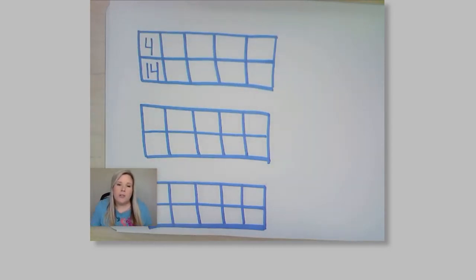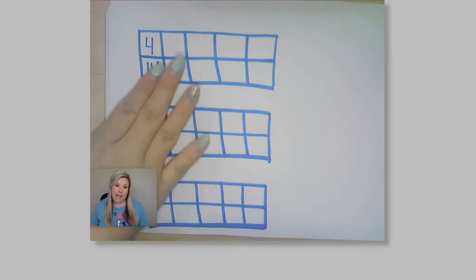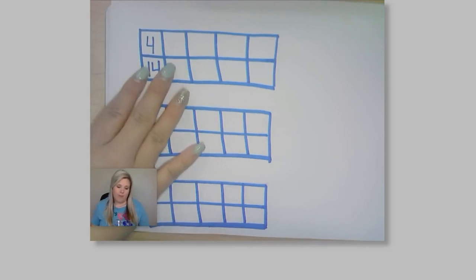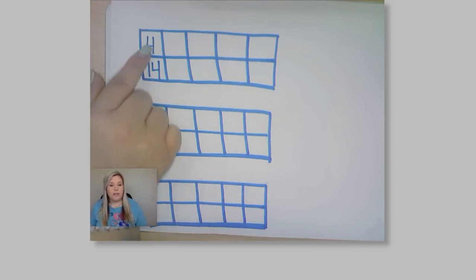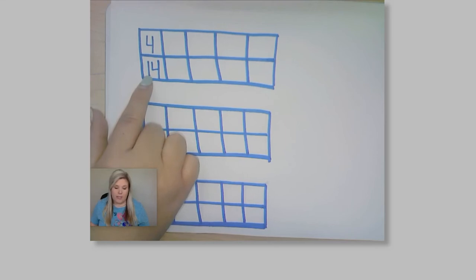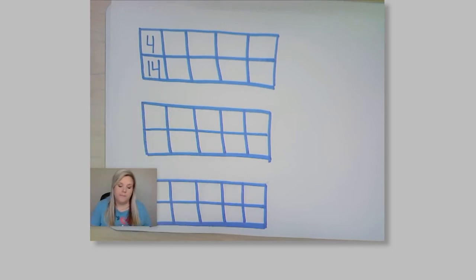I want you to use your first chart that you drew to work along with me for this problem. I'm going to use my chart too. I want you to go ahead and write the number 4 in your very first box, and then the number 14. Does yours look like mine?